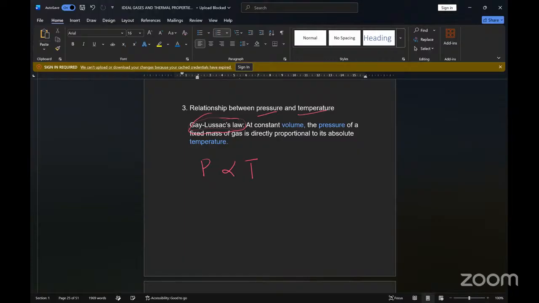So if we want to get rid of this proportionality symbol, we can say pressure is equal to K, which is a constant, times temperature.